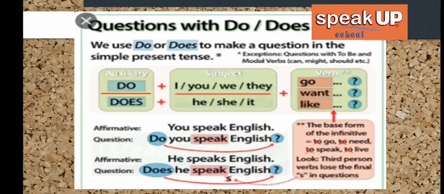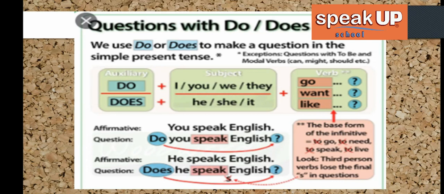Okay, and for the question, the interrogative form, we also use the auxiliaries do and does. We use do or does to make questions in the simple present tense. There are exceptions when we use questions with to be and modal verbs like can, might, should, etc. But we usually use do or does when we are asking about actions, with action verbs like play, watch, think, run, walk, etc. So this is how we make the question.